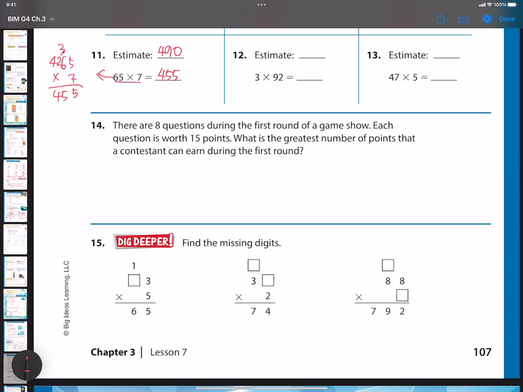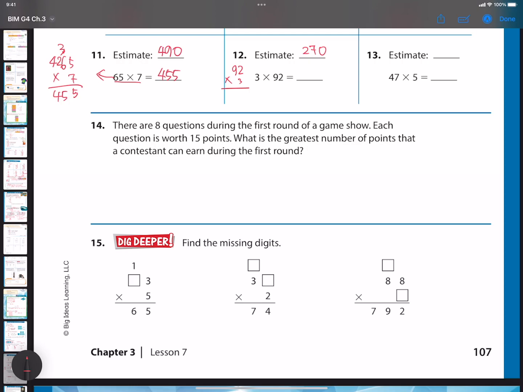3 times 92. I'm going to use 3 times 90 to estimate, since this 92 is close to 90. So what is 3 times 9? 27, and you need to add one more zero, right? Now let's go ahead and do 92 times 3. I'm going to rewrite it in the vertical way.